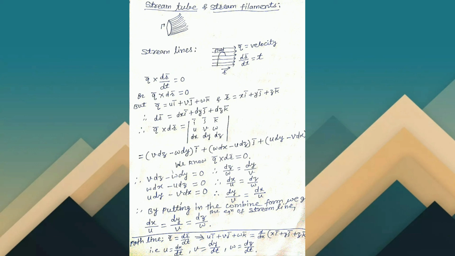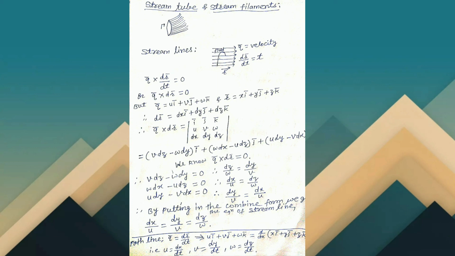Then by using q bar cross dr bar is equal to 0, each term of this q bar cross dr bar is 0. So what do we get? We get v dz minus w dy is equal to 0. That means dz by w is equal to dy by v.